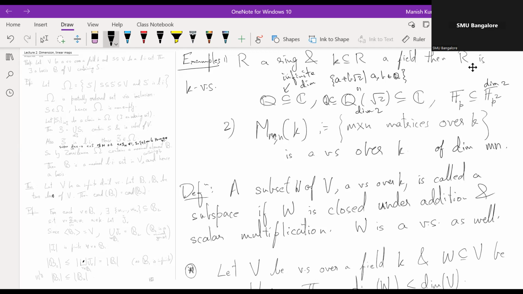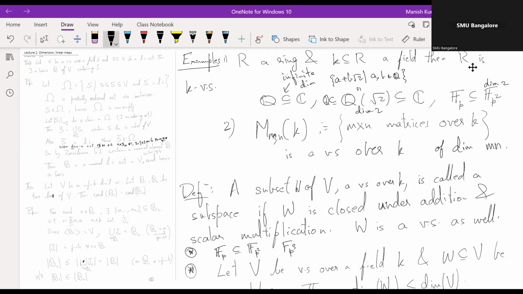How about FP cube? Maybe we can discuss one example. This depends upon how much finite fields you know. You know that this is a vector space, and FP cube is also a vector space over FP.